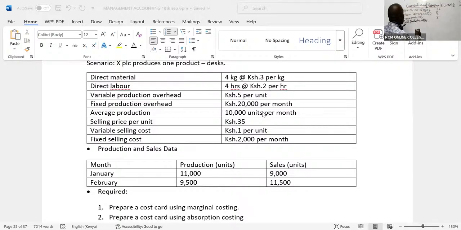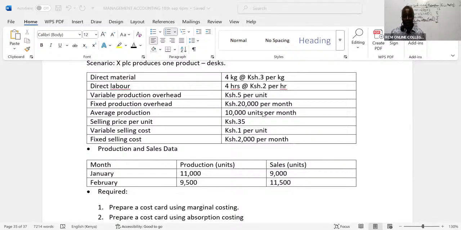So then I will calculate what we call OAR, overhead absorption rate per unit, which will be 20,000 divided by how many units? 10,000. So you take the total fixed overheads over expected production to make it for 1 unit, which in this case here gives us 2.